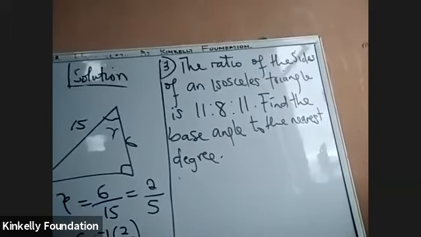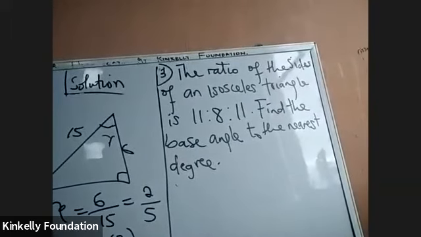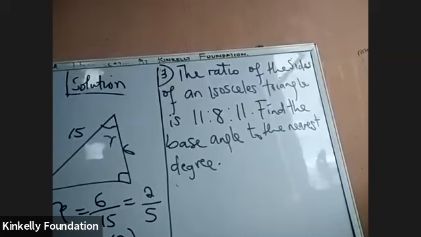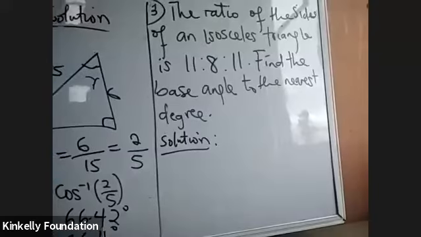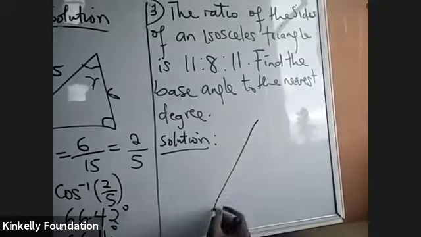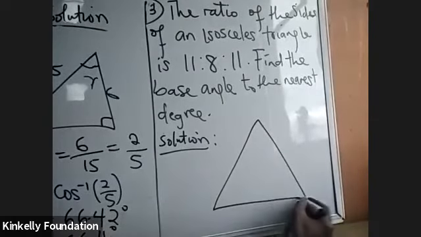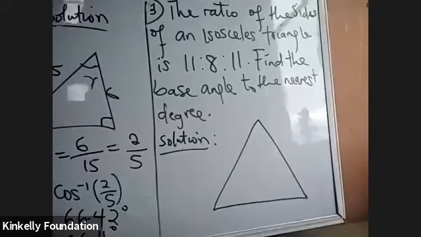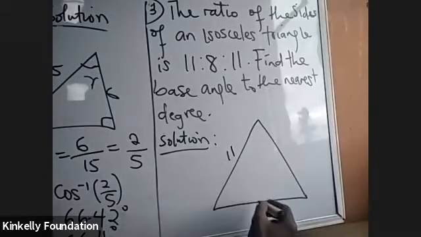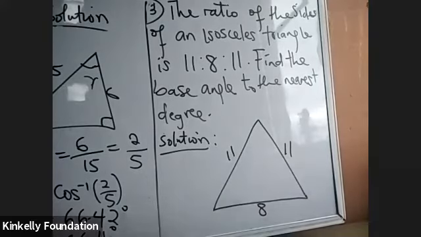The ratio of the sides of an isosceles triangle is 11:8:11. Find the base angle to the nearest degree. This is our isosceles triangle in the ratio 11:8:11.